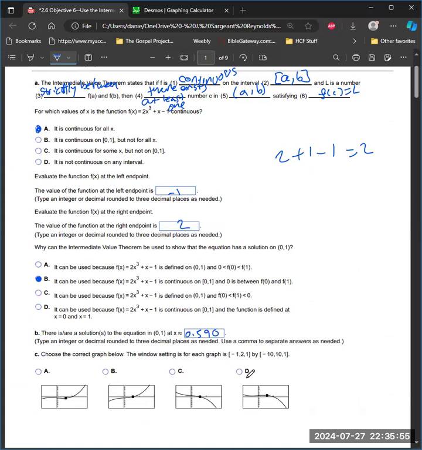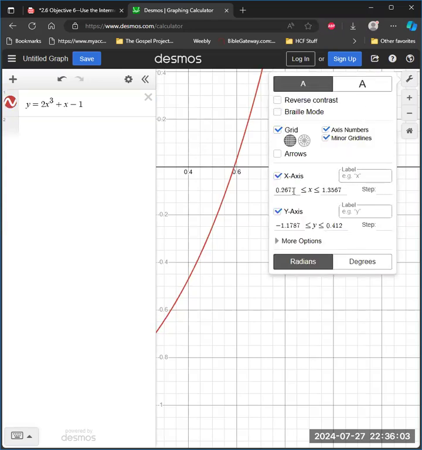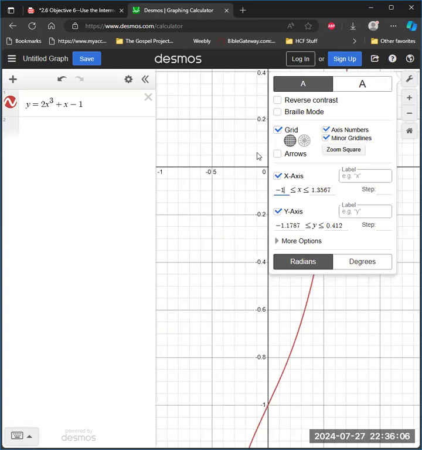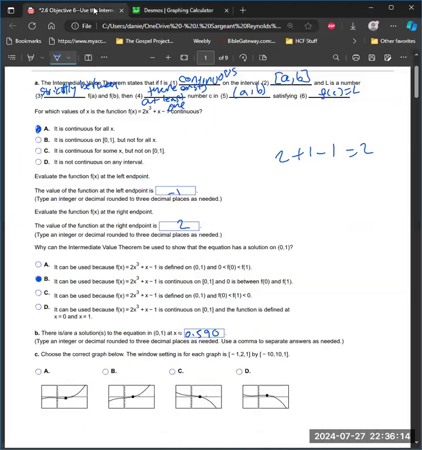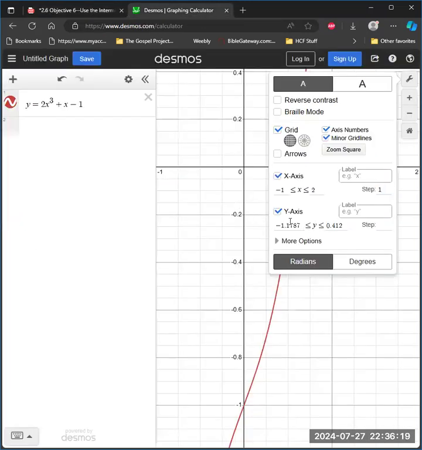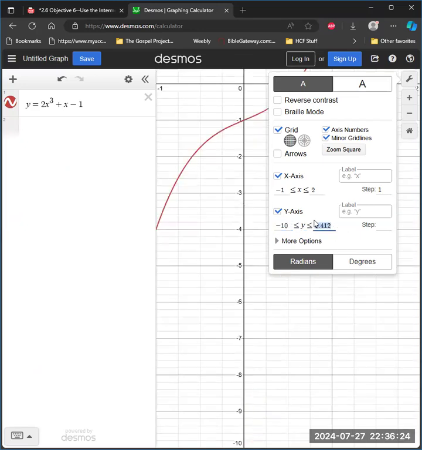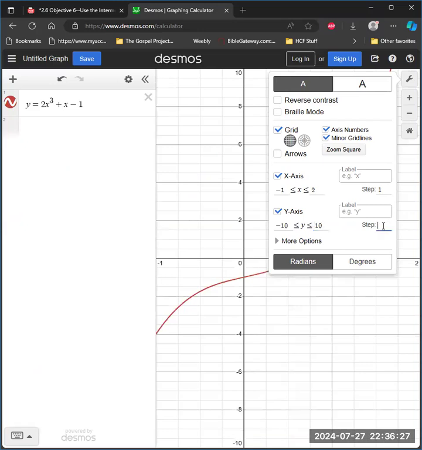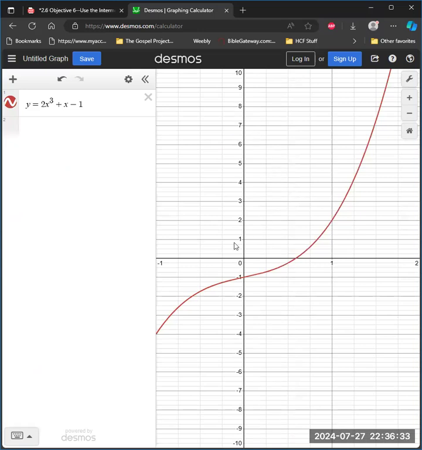And then if we want to be between -1 and 2 by ones, and then -10 to 10 by ones, then it should look like that.